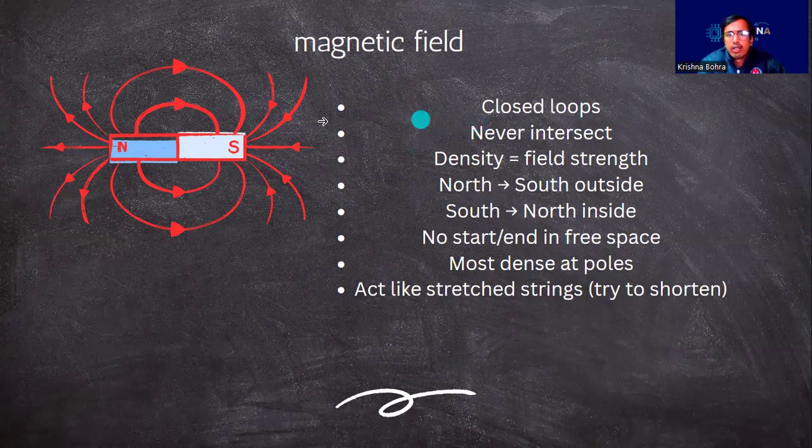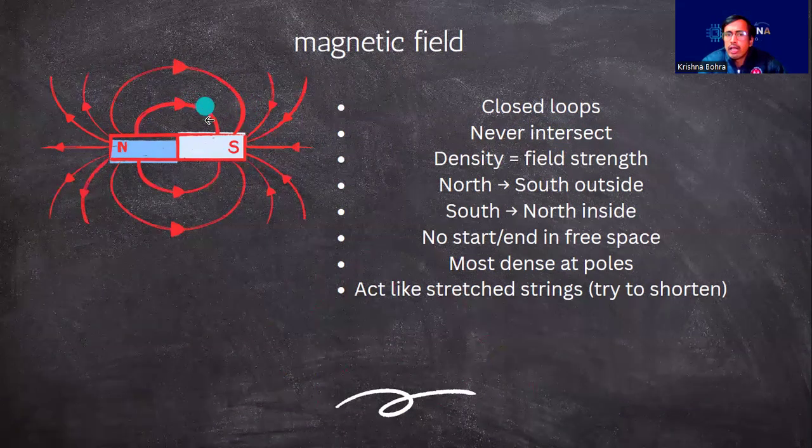Now let's understand. They always form a closed loop, and they never intersect. The reason they do not intersect is this: these lines are basically the direction of what? The magnetic domains.